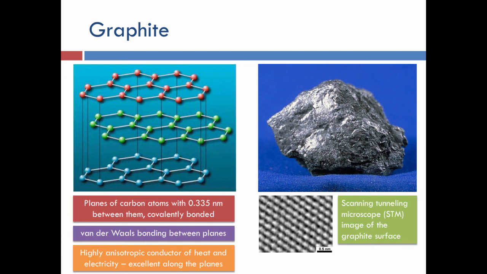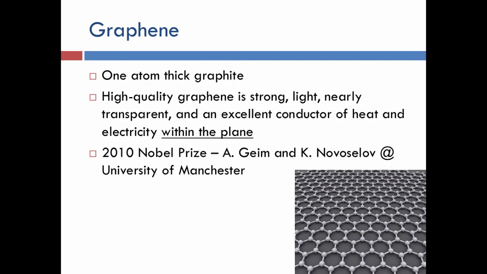Now, much more recently, graphene was really achieved, or not quite invented, but certainly discovered as a material just a few years ago in 2010, and a Nobel Prize was awarded for it for two folks at the University of Manchester. Now, what is graphene? Well, basically, graphene is a one atom thick layer of graphite. All right, the key is it's one atom thick.